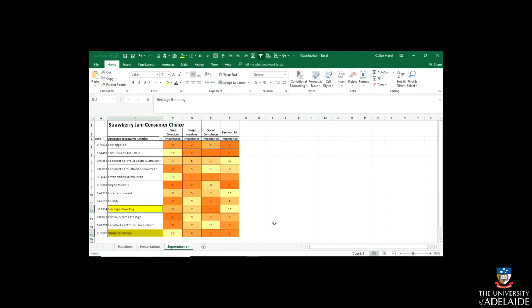So product 1, Birrenberg Farm, heritage branding, so big out on the heritage branding. And as far as price, they're not the $10 a jar bottle of jam, but let's just say there's a nexus there that might be product 2.